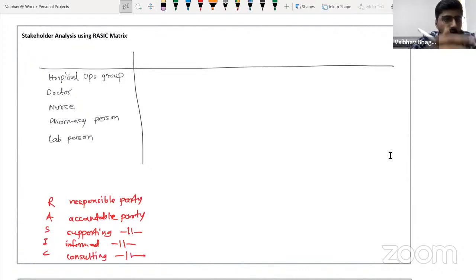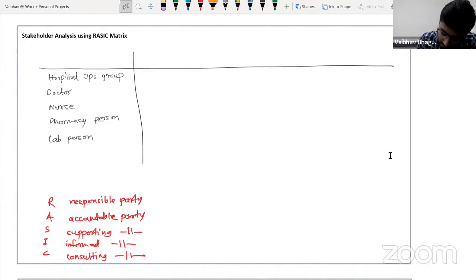So basically, out of these 5 stakeholders, at each step there will be someone who is responsible for that step, someone who is accountable for that step, someone who is supporting that step to happen, or someone who is just getting the information that, okay, this has been done, or someone can be consulting for that step, not directly involved, but as a consultant.